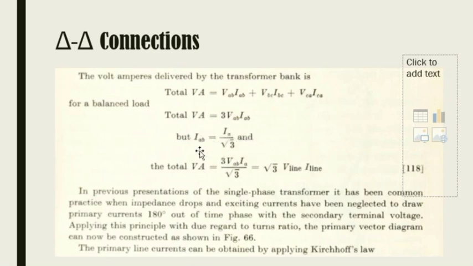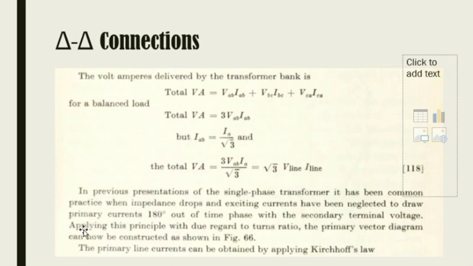Since we have IAB in the total VA, total VA will be equal to 3 VAB times IA all over square root of 3. Multiplying the total VA by square root of 3 over square root of 3 to remove the radical sign will result in square root of 3 V line I line.